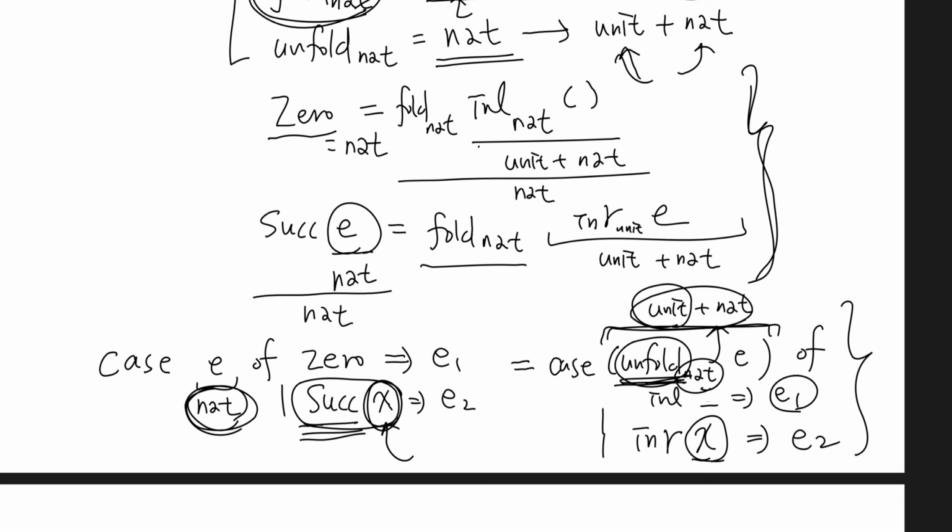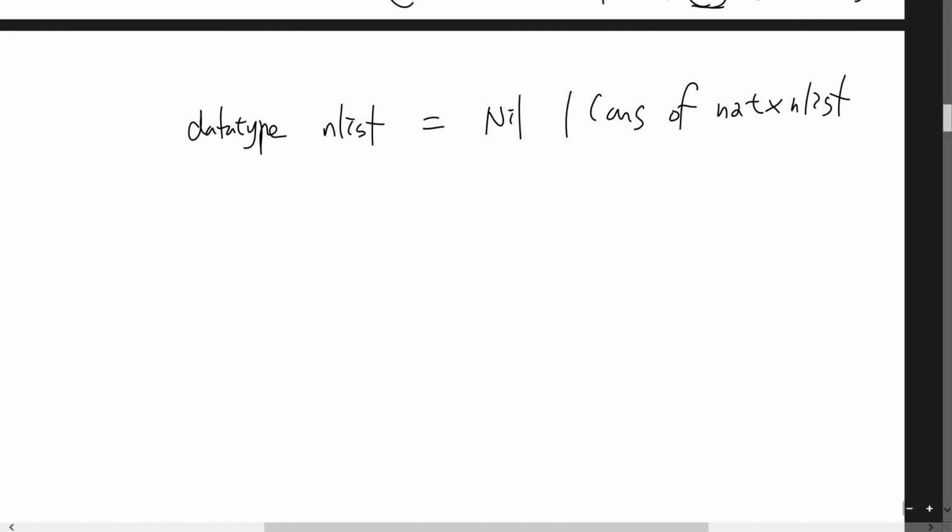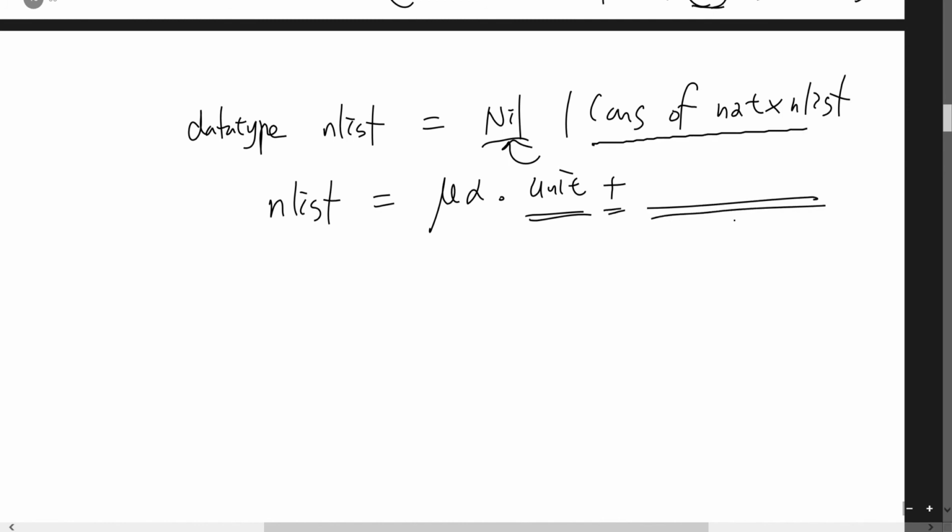And similarly, you can define, for instance, the data type natural number list, which is nil or cons of natural number list. In this case, natural number list can be thought of as a solution to the equation mu alpha dot. It is either the left side, which has no interesting argument, or the right side, which corresponds to this one.